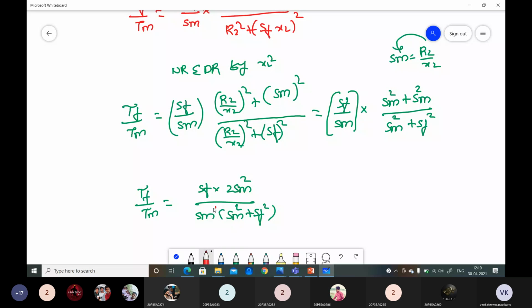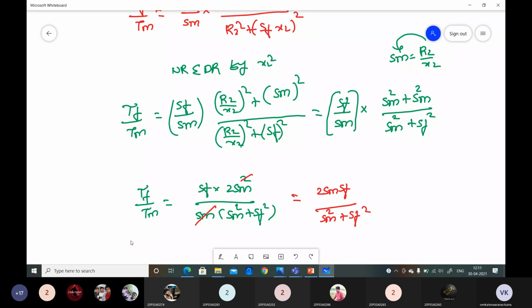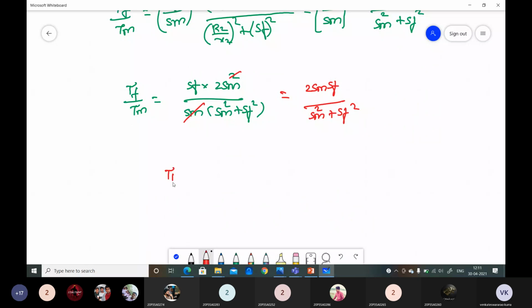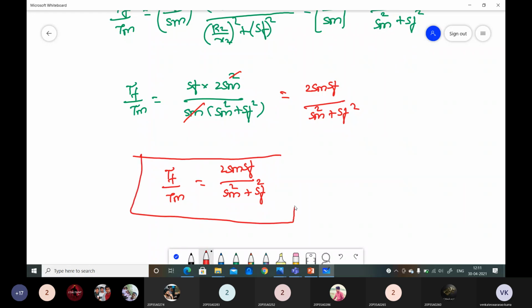In this, the S_M square cancels. So finally we have 2 S_M S_F by (S_M square plus S_F square). So full load torque by maximum torque equals 2 S_M S_F by (S_M square plus S_F square). This is the expression for full load to maximum torque.